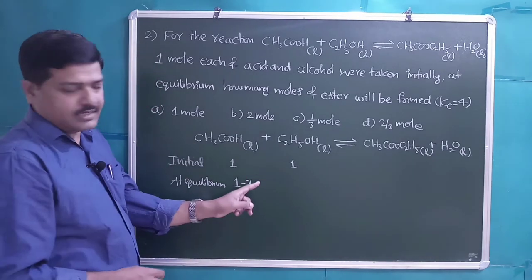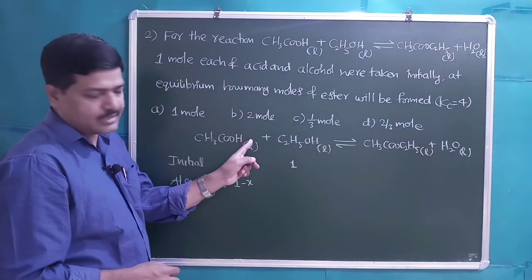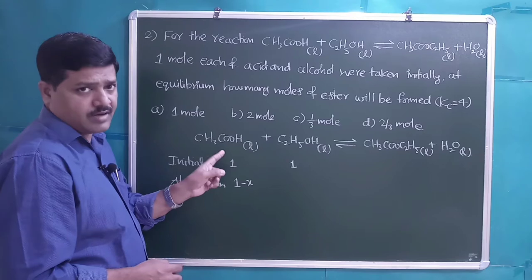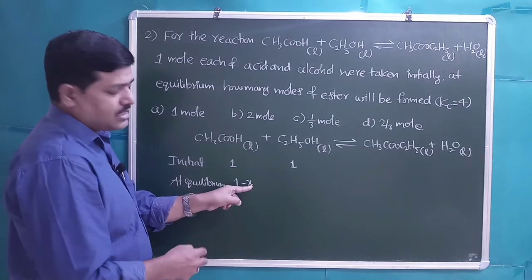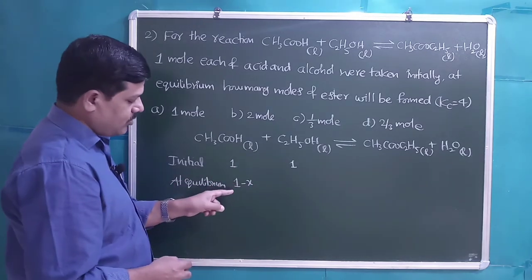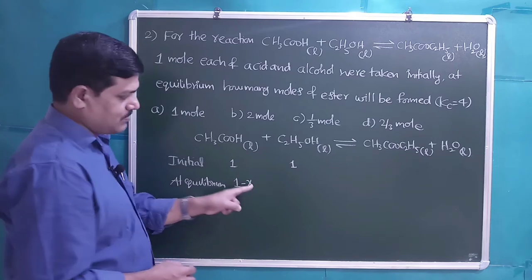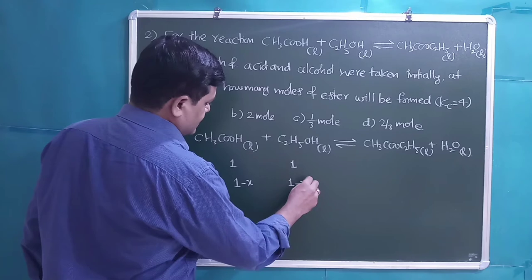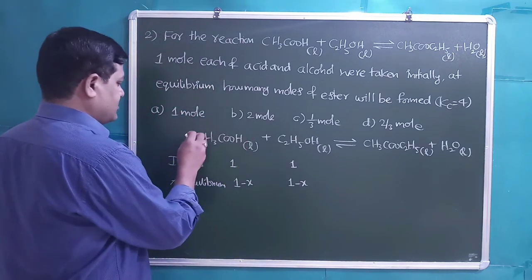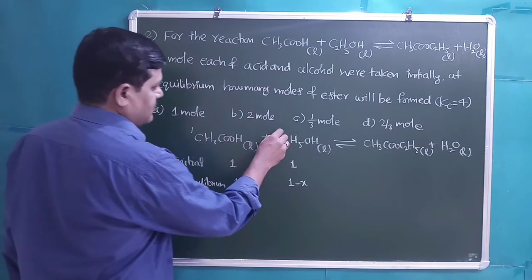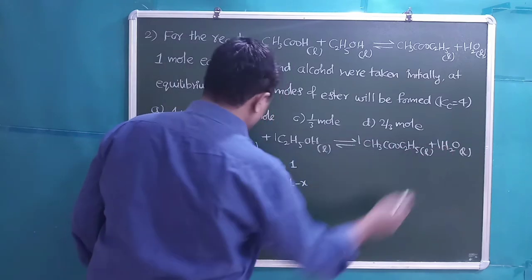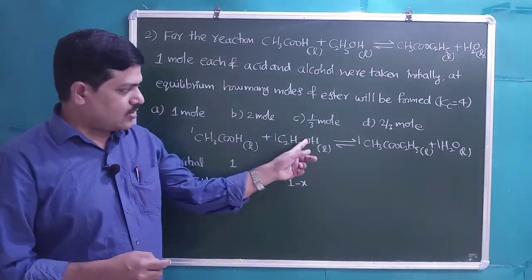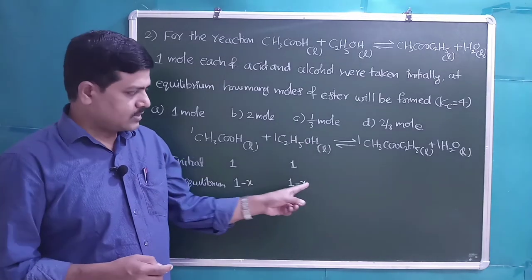We are assuming that X moles of acid is reacted. Then the remaining moles of acid at equilibrium is initial 1 minus moles reacted X, that is 1 minus X. Similarly for the alcohol, 1 minus X, because the stoichiometric coefficient ratio is 1:1:1:1. So if X moles of acid is reacted, X moles of alcohol also reacted.